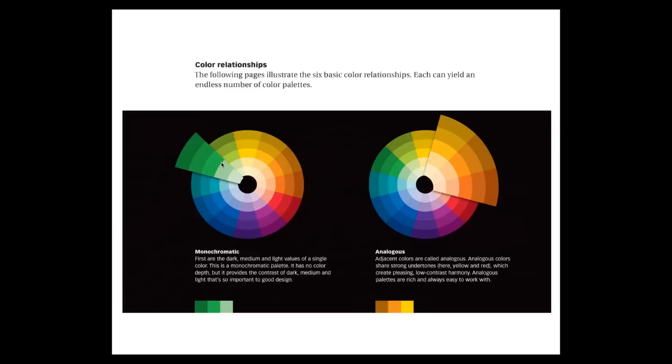Now, analogous colors share strong undertones with very similar hues that are quite close to each other on the color wheel, whether that's yellow, red orange, orange, or yellow orange. They're quite similar hues, and that combination can either be moved around the color wheel to green, blue, lime green, yellow green, etc. So you can group that analogous interpretation around the color wheel and move that kind of grouping around as you need.